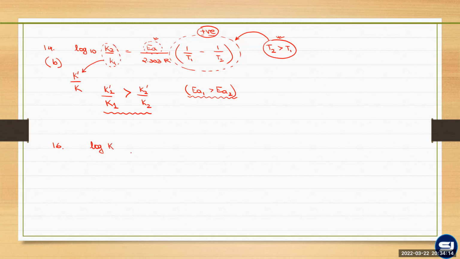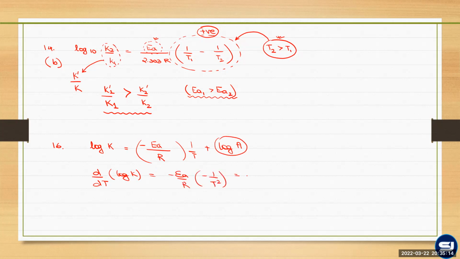Now the Arrhenius equation in terms of log is log of k equal to minus EA by 2.303 R into 1 by T. Take ln only now because it will be easy for the derivative. Actually, whenever we say log it is log to the base 10, and when we write ln it is log to the base e. So they have considered ln, because they haven't written 2.3. So actually we should take it in the form of ln since they have not given it. So if we take ln, then minus EA by R. Now what to do simply is take d by dT with respect to temperature, derivative. So d by dT of log of k, this is constant so its derivative will be 0, and this will become minus EA by R into minus 1 by T squared. So that would become EA by R T squared.